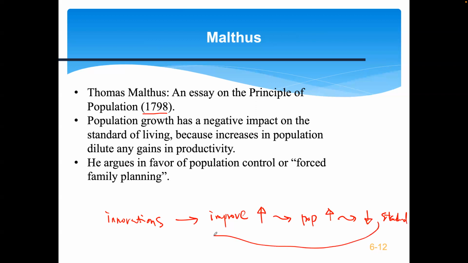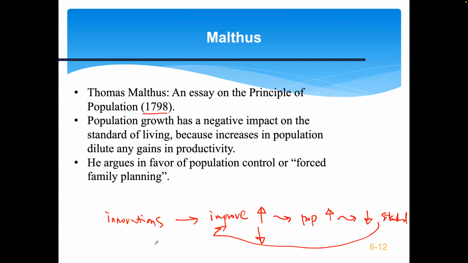That's going to feed back and drag down the improvement we just achieved, or kind of oppose the improvement we have achieved through innovation. Hence, over the long term, you won't see much improvement in the standard of living. So that was his thesis.